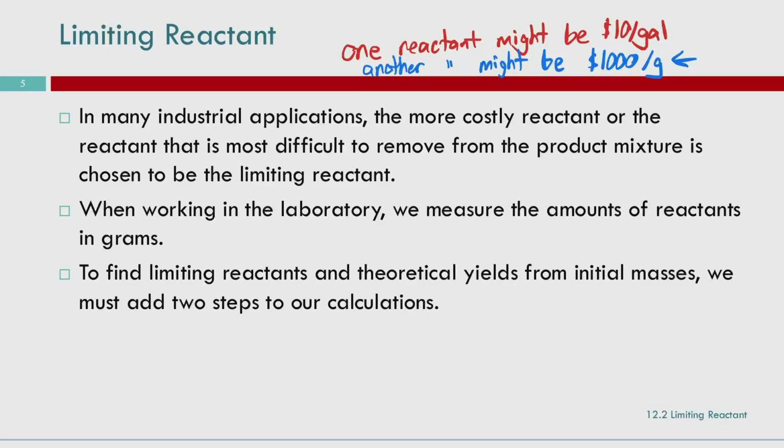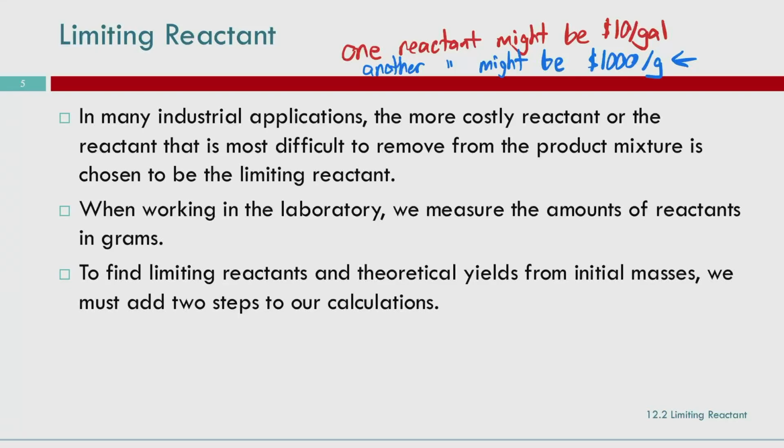It's $10 a gallon. We're not really concerned about wasting 10 cents. But if we don't use up all of this $1,000 a gram reactant, we might be wasting $100. We might be wasting $10. We could use the whole gallon of the other thing, and sure, we'd be wasting most of it, but we'd be getting our money's worth out of this $1,000 a gram product.